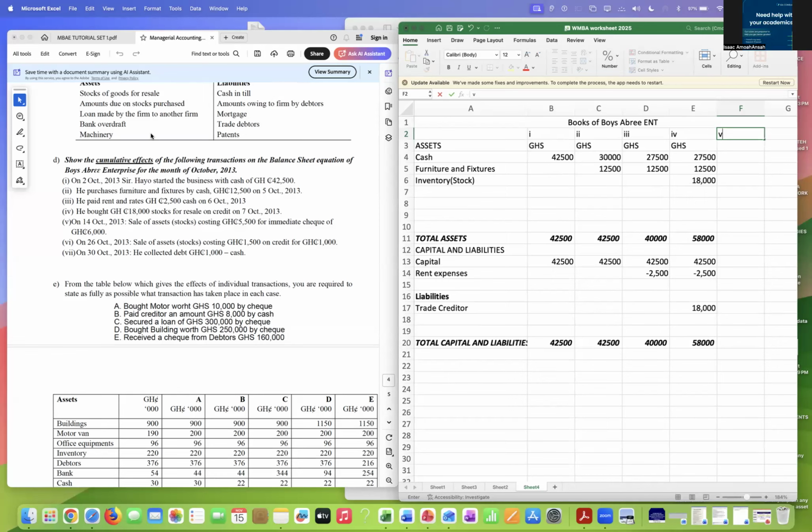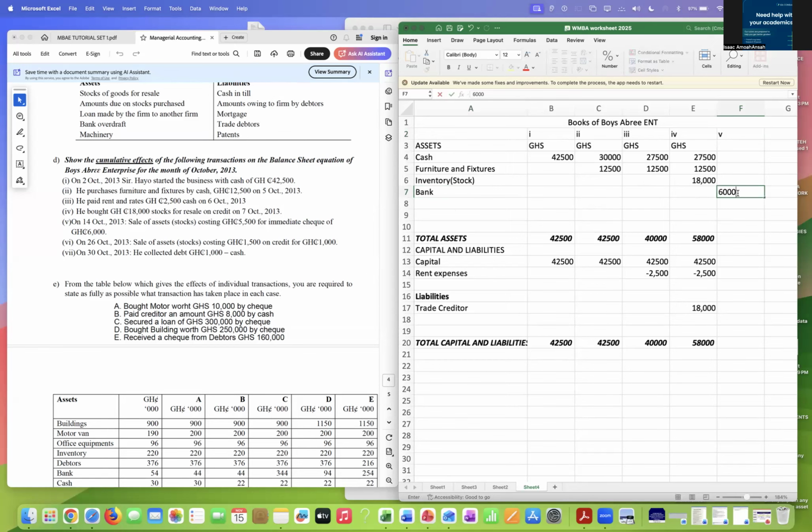So if we make a sale of a stock that cost us 5,500 and we receive a check for 6,000, the business is generating a new asset. What is the name of the new asset that the business is going to record? What asset comes? Bank. The new asset is called bank.